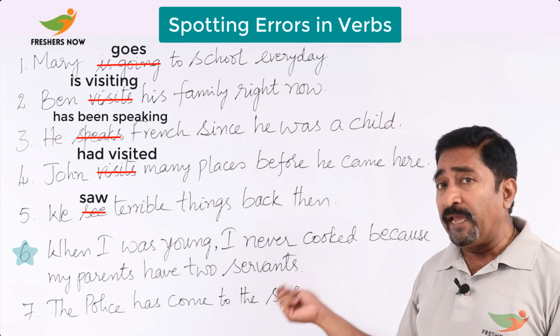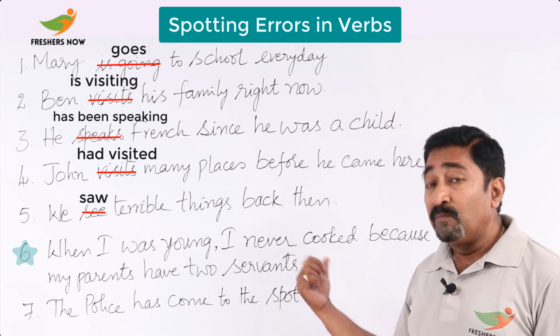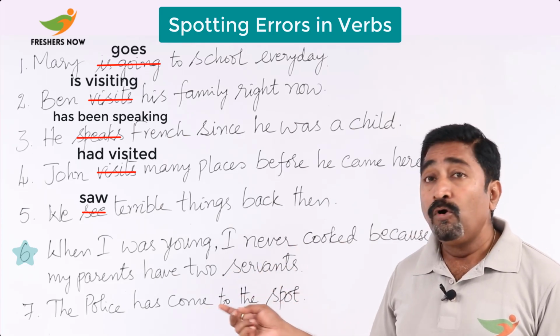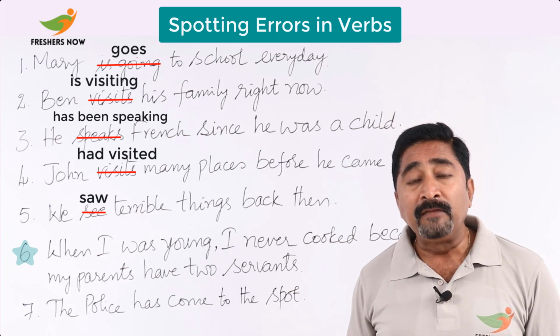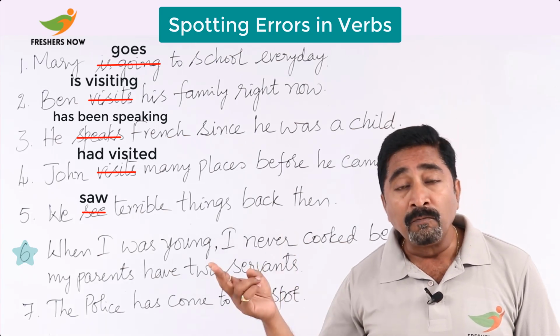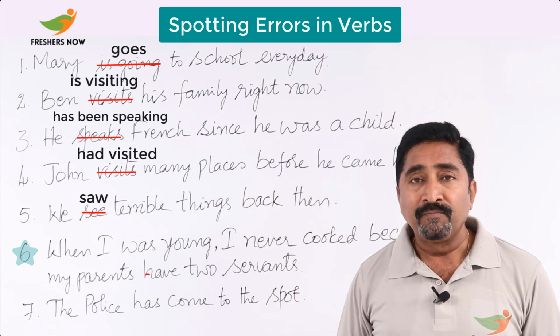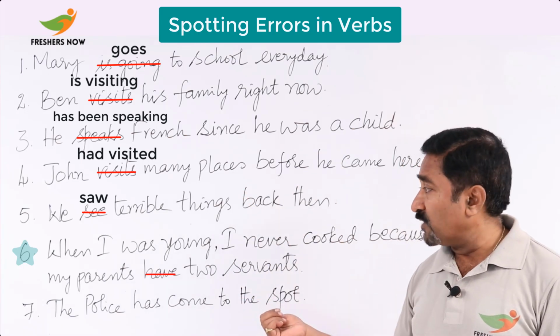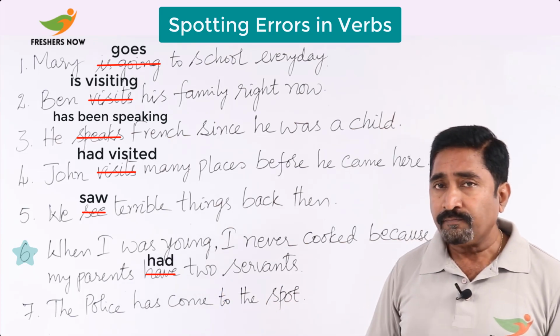When I was young, I never cooked because my parents have two servants. Now you should understand that here it is long back that they had servants. So here, in place of have, we should say had.